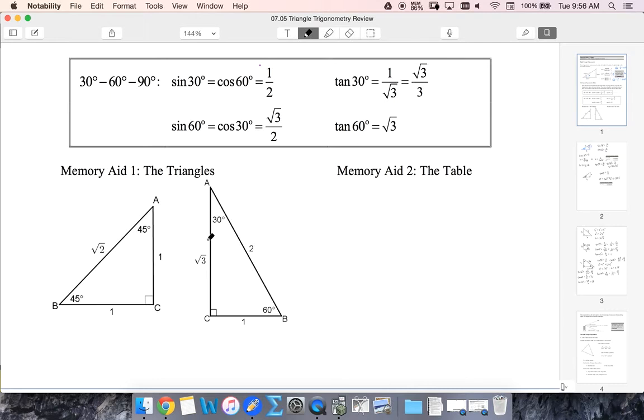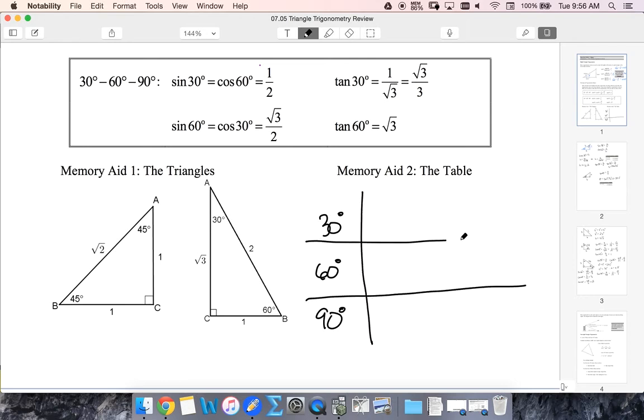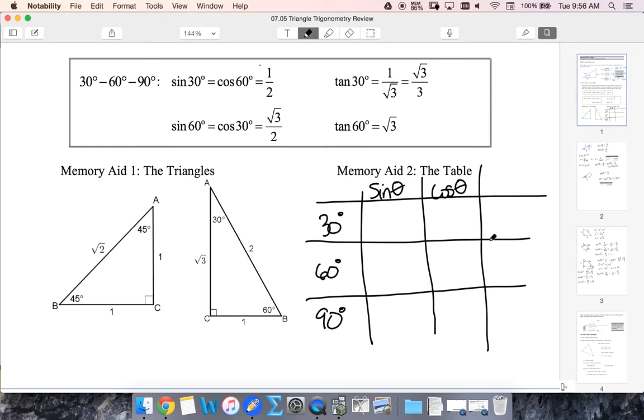The other way to do it is to think of a table of values. So if I think of my 30, 60, 90 angle, so 30 degrees, 60 degrees, 90 degrees, and then we think of sine theta, cos theta, tan theta.